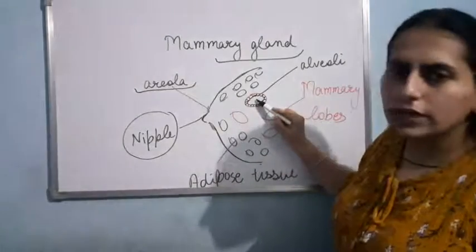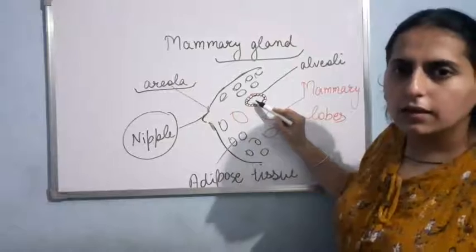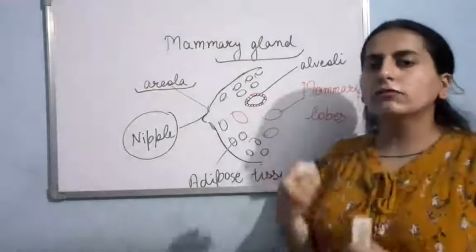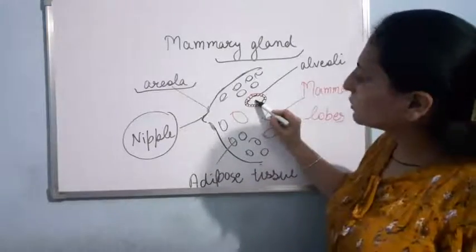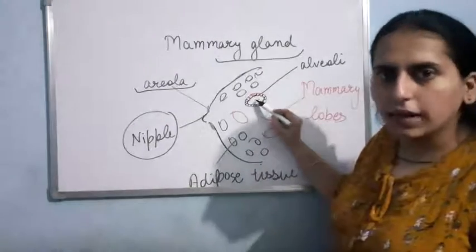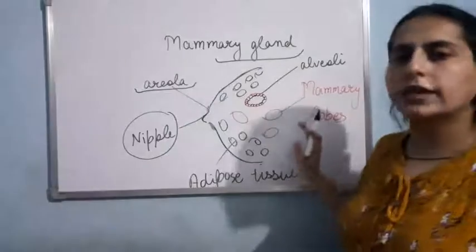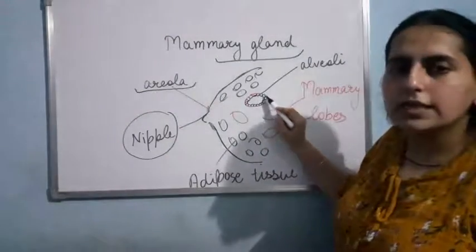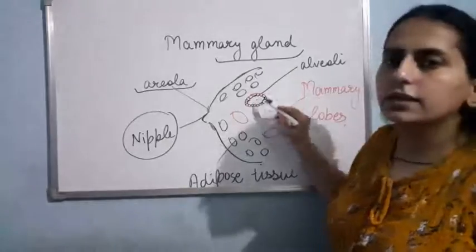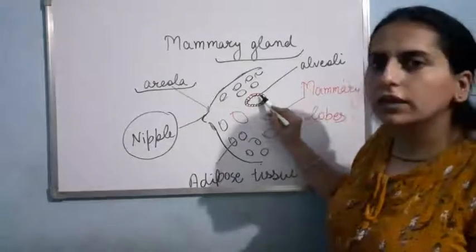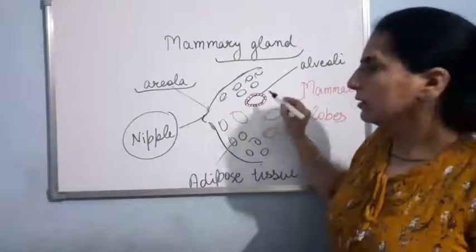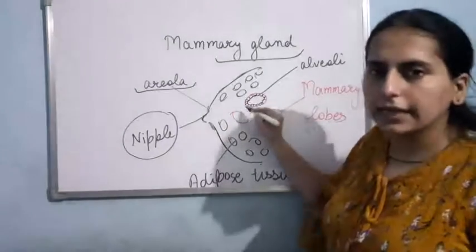Inside you can see there is an empty space. The cells of the alveoli will form milk, and the milk will collect in this lumen. So 15 to 20 lobes are present, the lobes have cells known as alveoli, and in the center there is a cavity. Alveoli will form the milk, and the milk will be secreted and stored in this area.